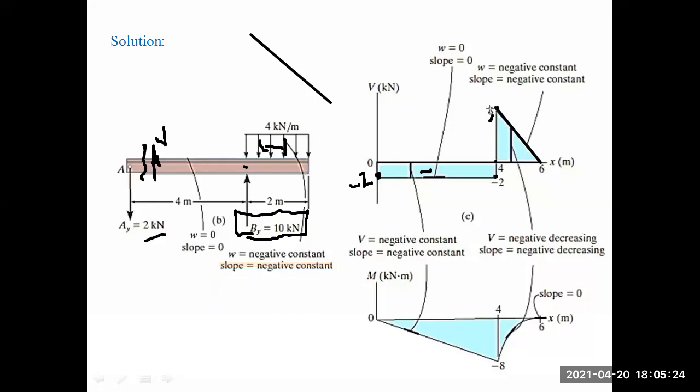The value over here is 8, so I need to calculate delta V, which is equal to the area of this load. That is 4 times 2, which equals 8. Yes, so that would close it, and it would intersect with the x-axis. So I'm done with the shear force.